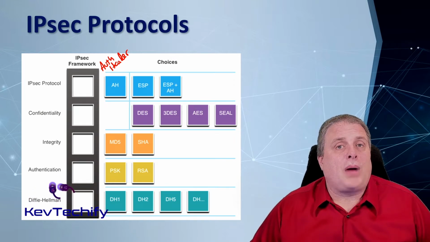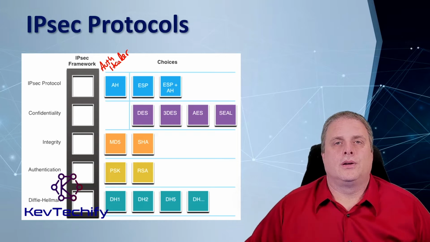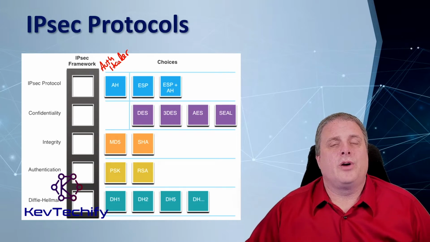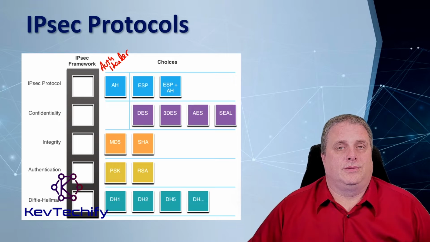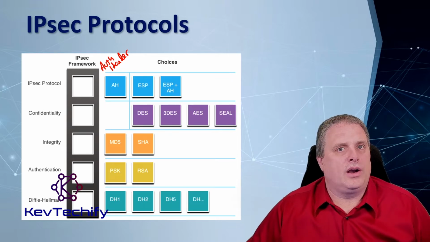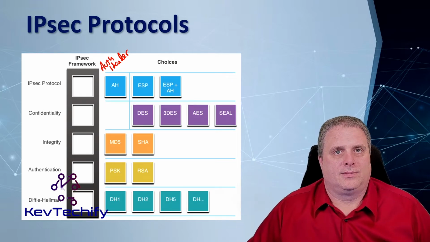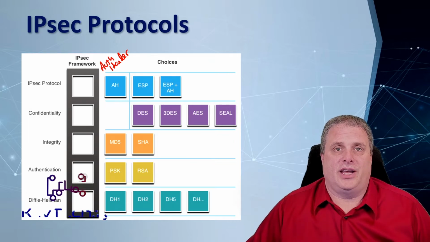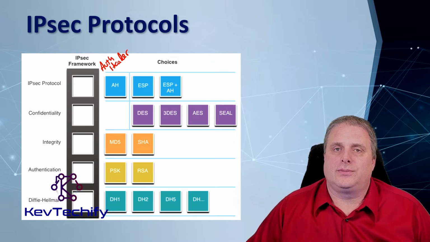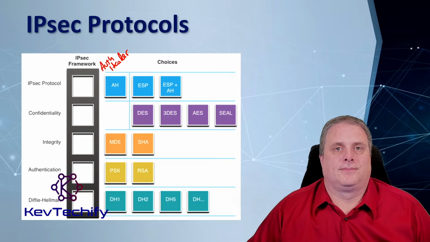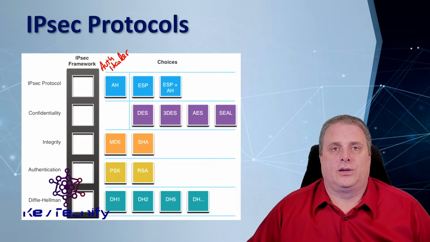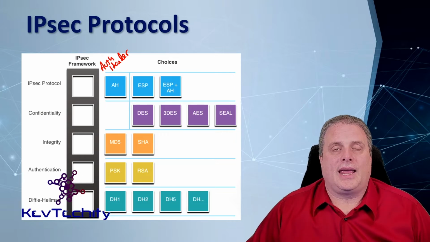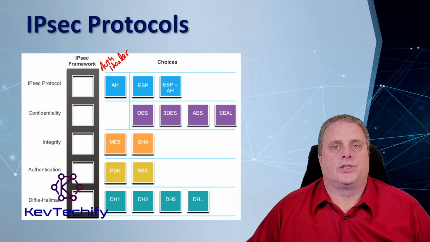It's declining in popularity, although it can provide the ability to authenticate data origin, that is, the data is where you think it's from, as well as the integrity of data, that it wasn't changed en route. It doesn't provide confidentiality or encryption. Authentication header also doesn't work with NAT firewalls. It can't traverse network address translation.